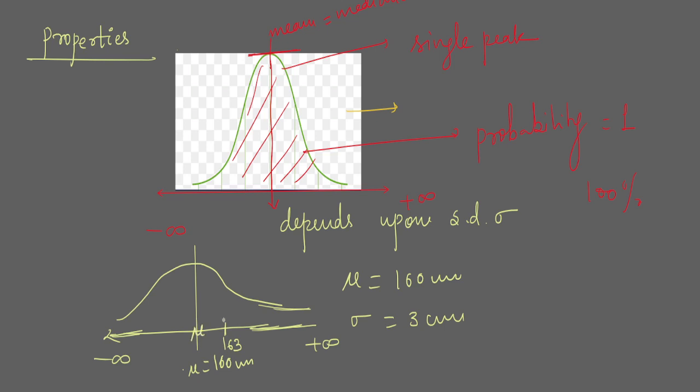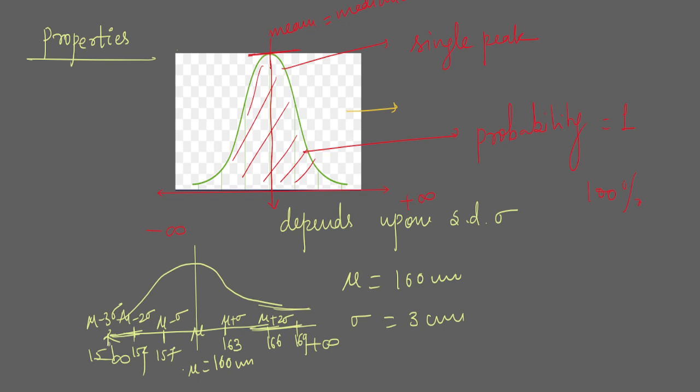This is mu plus sigma, then 163, mu plus 2 sigma becomes 166, then 169, and on this side mu minus sigma, which is 157, mu minus 2 sigma 154, and mu minus 3 sigma gives 150.